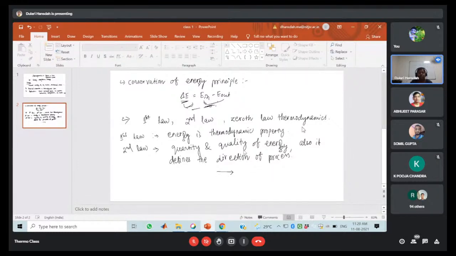So that's what is mentioned here. It will quantify as well as define the quality of the energy. So the process, whether it is a reversible process or irreversible process, here we can know about that, and also there will be the flow of the process in a particular direction that can be known from this second law of thermodynamics.